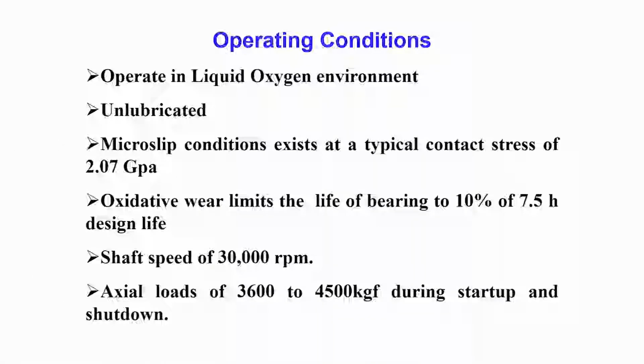What are the operating conditions in this cryotribometer? The operating condition is typically a liquid oxygen environment, mostly unlubricated contact conditions, and there is a micro slip at a typical contact stress of around 2.1 gigapascal. So, 2.1 gigapascal, that is fairly high contact stress, right?